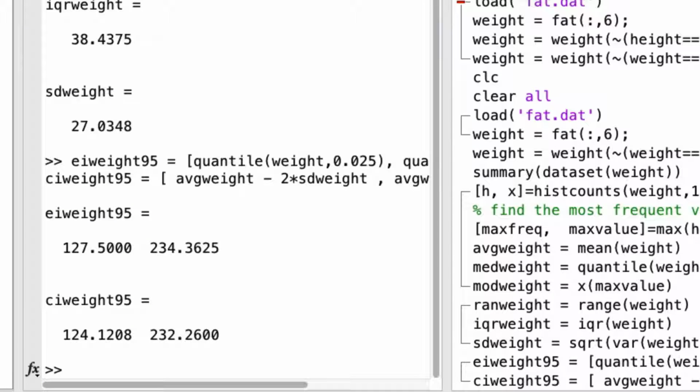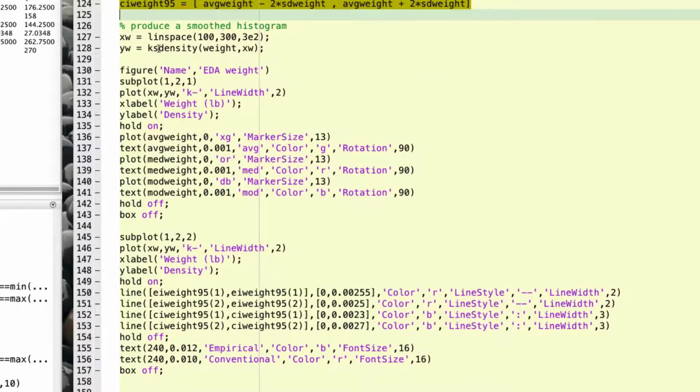But I can actually put all of this information together in a nice plot. In the first subplot, I will have a smoothed histogram of the weight, and that is done by issuing the ksdensity command with weight as the variable that I want to histogram, and this is the range of values that I want to include in my smoothed histogram, in this case from 100 to 300, and I have 300 points in that interval to calculate the smoothed histogram.